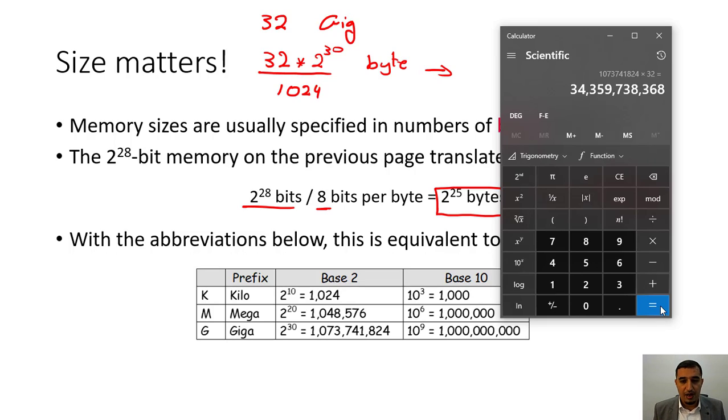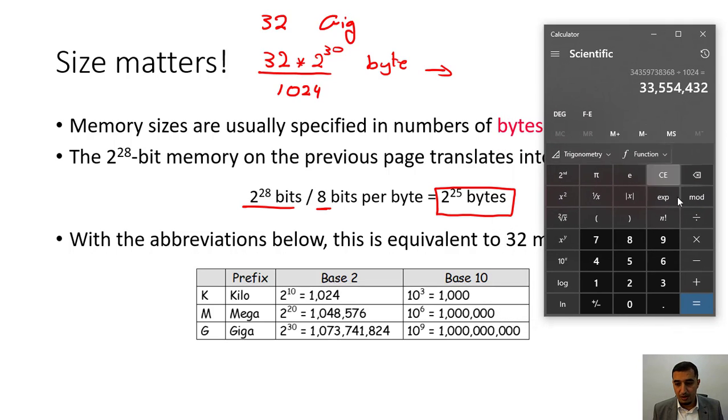Now I will divide it by 1024, and now I have the kilo. Divided by 1024, now I have the mega. Divided by 1024, I will have the giga, which is 32. This is what you expect.